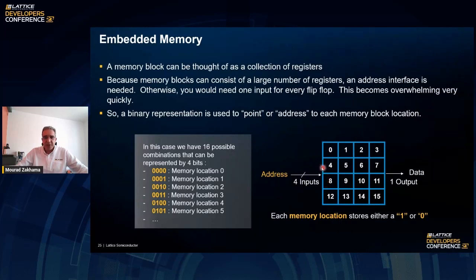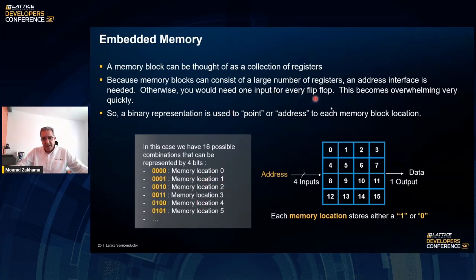We actually use address lines to address each one of these bits that you have in the memory block. So for each one of these cases, we will have an address. So in order to address bit 0, we have address 0000, bit 1 is 0001, and so on.